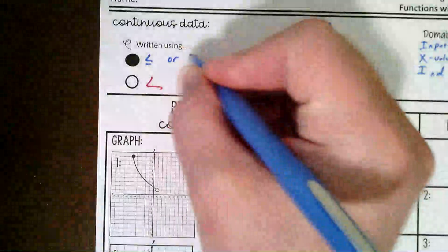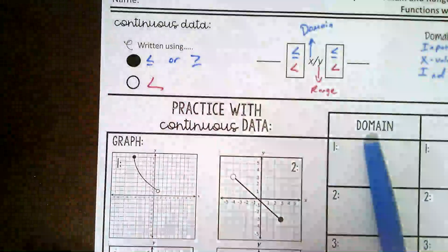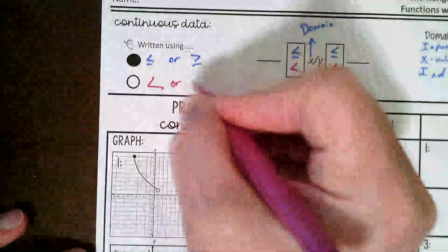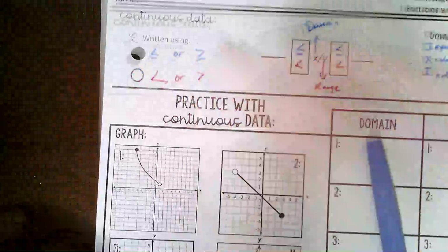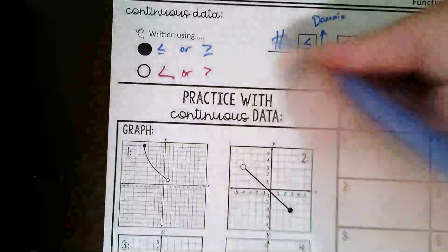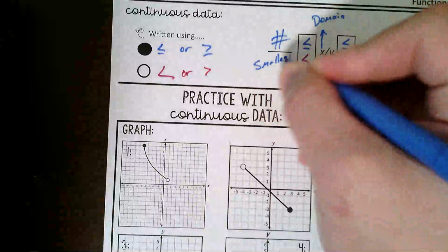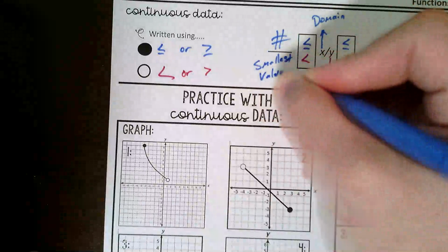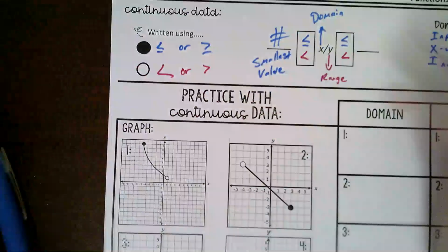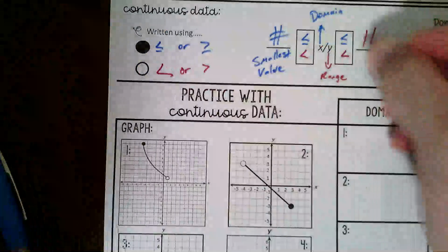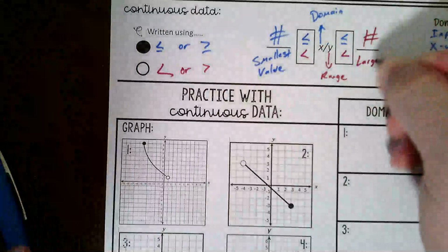We don't really use greater than here, because the number that goes here is going to be our smallest value, and this number is going to be our largest value.